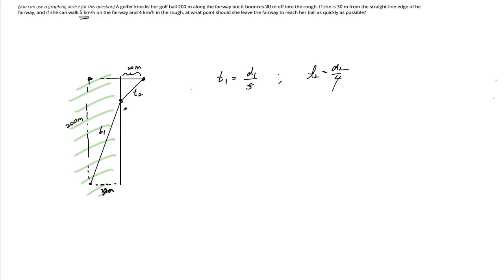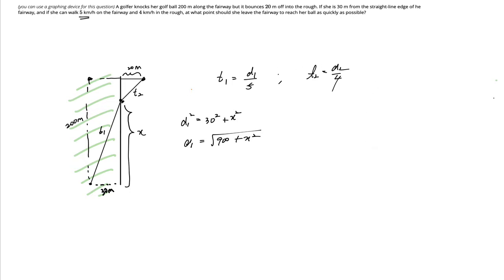Now, we don't know what that distance should be, so let's call that x. If that's x, distance 1, d1 squared equals 30 squared plus x squared. So d1 is the square root of 900 plus x squared.